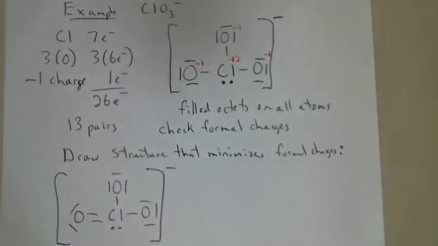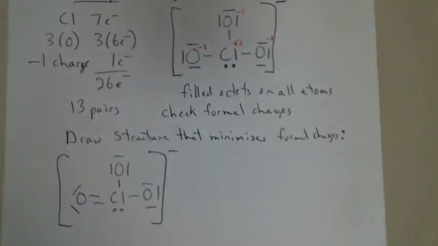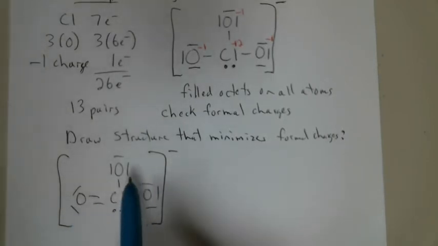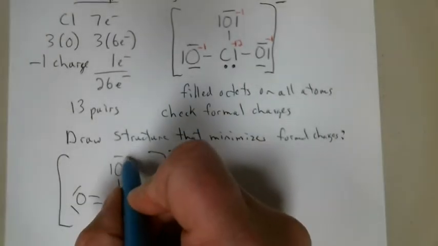And that's a good structure, but has it minimized the formal charges? Well, let's take a look and see what it is. Assign formal charges to this then, and pause the video and come back, or at least try and stay ahead of me, right, when we do it. So these oxygens haven't changed, so they're still -1, right?